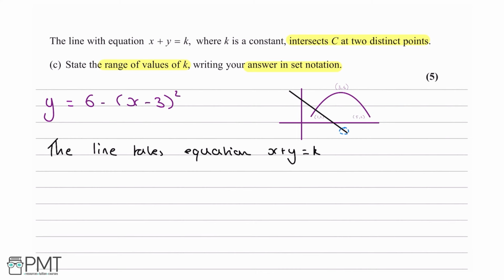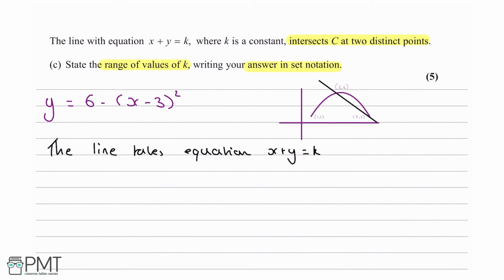As we keep going like this, we see that up until a certain point there is only 1 point of intersection, until we reach the point 5, 2. At this point is our first instance of 2 points of intersection. We have our intersection at 5, 2, i.e. the end of the parabola, and some other arbitrary point. It's not 3, 6, it's just some other point.